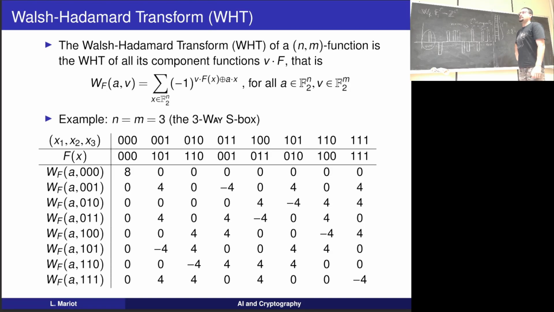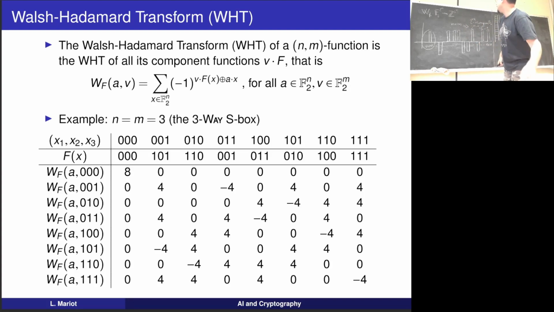And okay, so balancedness. Nonlinearity is also quite similar to the case of Boolean functions, because basically we are just computing the Walsh-Hadamard transform of all components, and then we take the minimum nonlinearity among all possible non-trivial components.